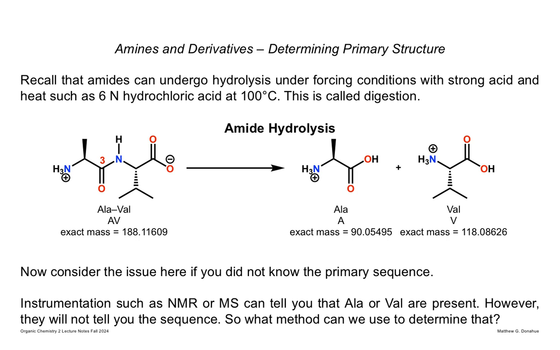So in determining the primary structure, that's the sequence, a classic reaction is amide hydrolysis. This is typically done with concentrated HCl, so 6 normal HCl at forcing conditions, so essentially boiling water.